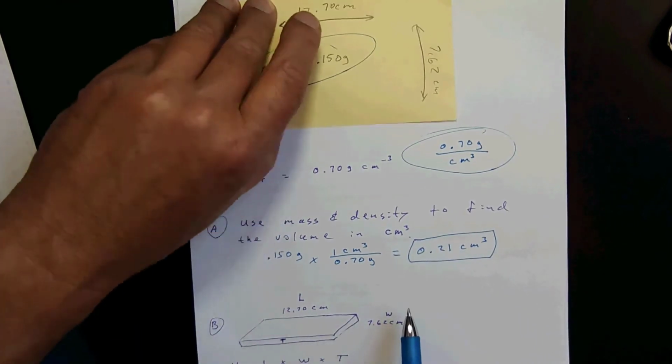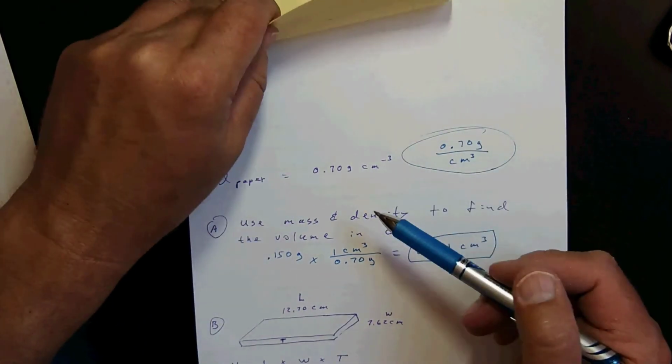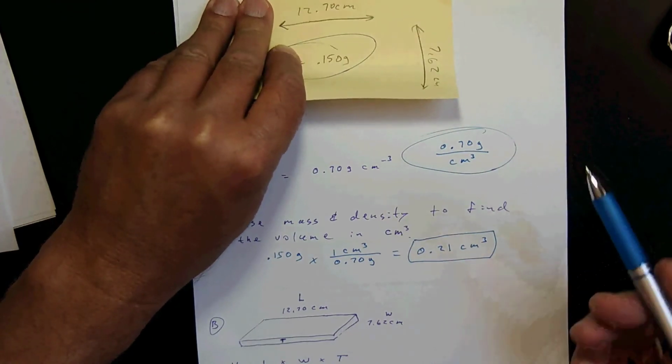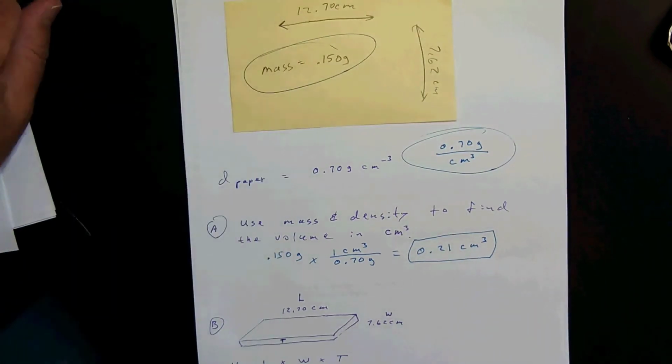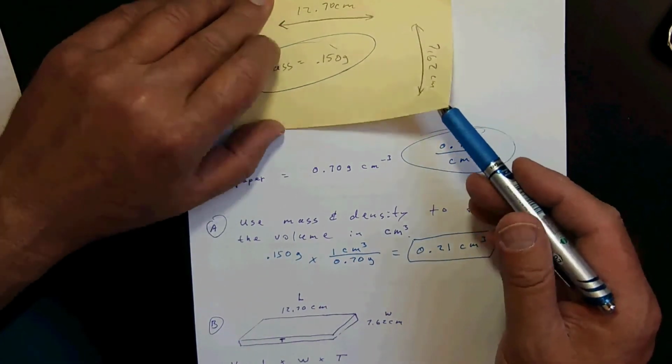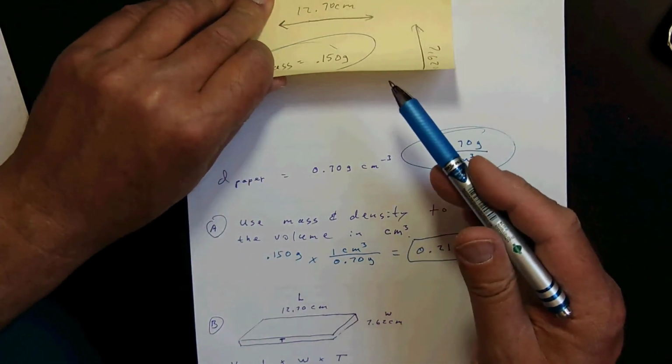That's the volume of this piece of paper. That's how much space this thing's taking up in cubic centimeters. Now, what I'm after, of course, is the thickness, right? I want to know how thick it is.